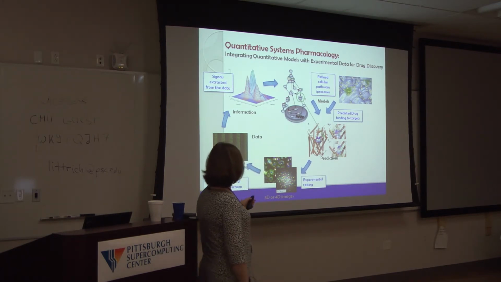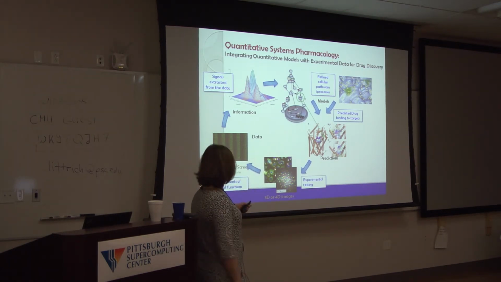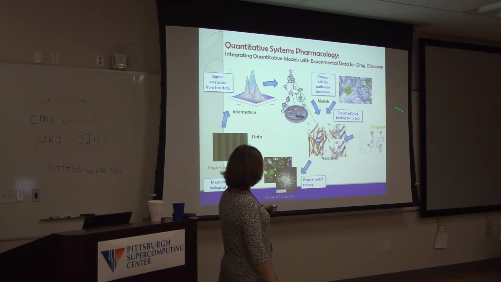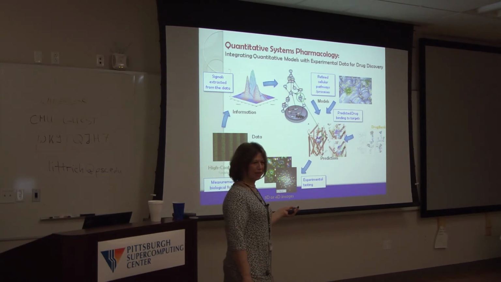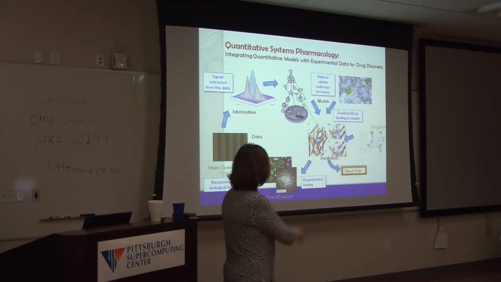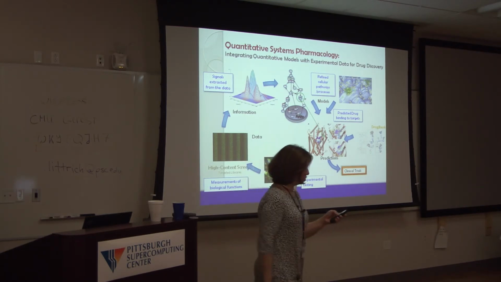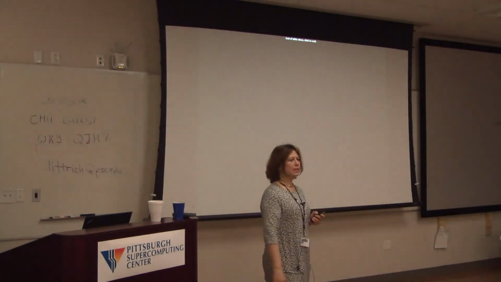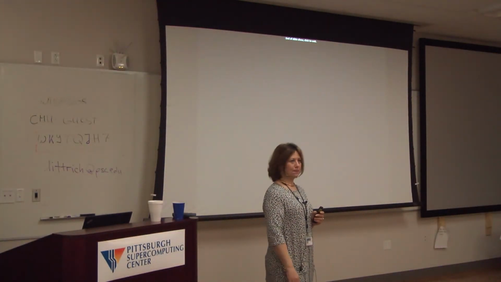Then you compare with experiments, and this is a cycle, and of course, I mentioned DrugBank already. We learn a lot from existing databases of structures. We use this information until we are satisfied to move to clinical trials. This completes that section.